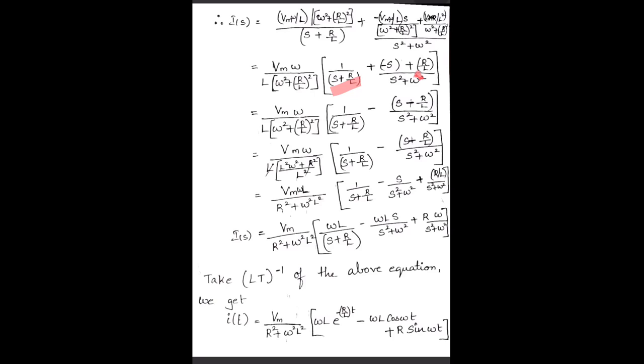So therefore this will be the expression, and from this we can rewrite the denominator term, which is outside of the bracket, as omega squared plus R by L the whole squared. So here it is R squared divided by L squared. So this L squared is taken as common LCM. So you will have R squared plus omega squared L squared divided by L squared.